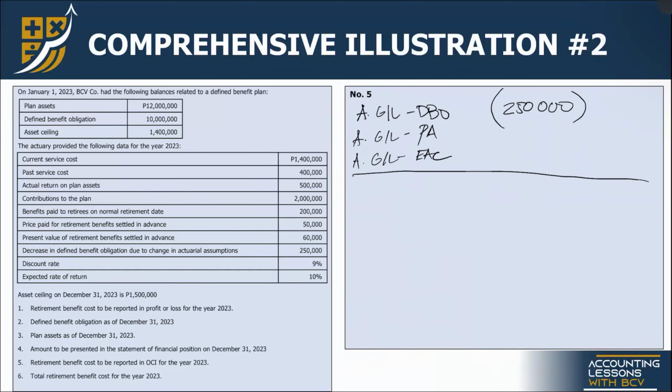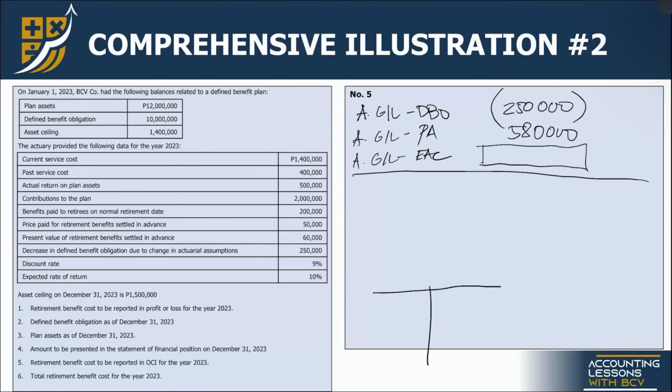Okay? Plan assets. Anong meron nga ulit kay plan assets kanina? Is it a gain or loss? Answer, may loss. Tama? 580K. Dahil loss, positive siya. Ito na lang. Meron bang actuarial gain or loss sa effect on asset ceiling? Let us see.